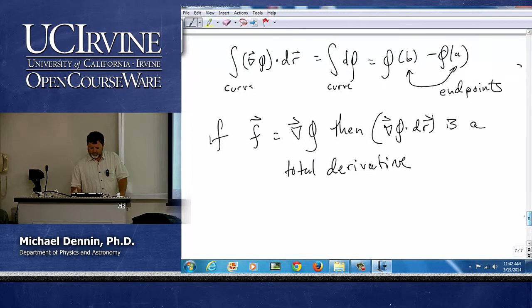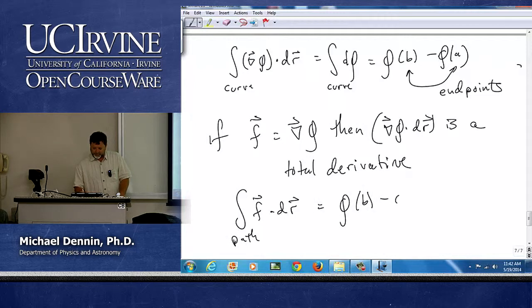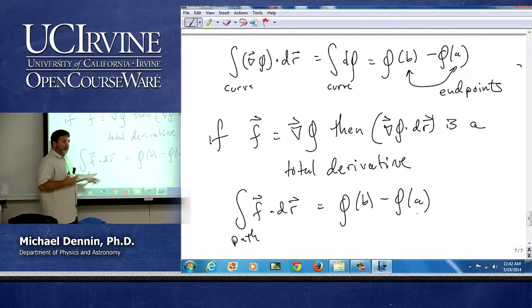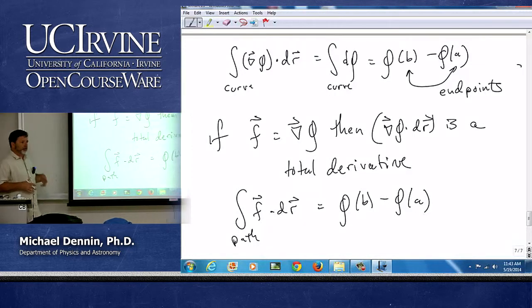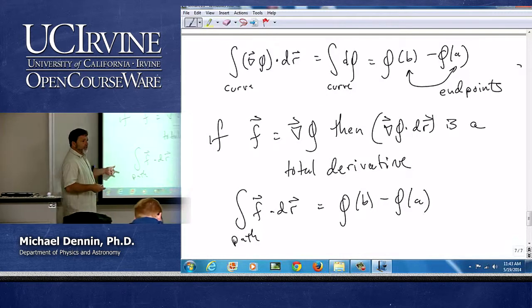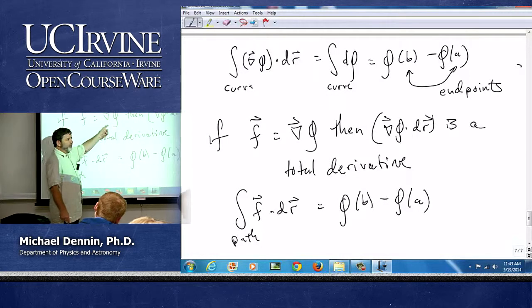And now the integral of f dot dr over any path or curve is equal to phi of b minus phi of a, and is path independent. And so the piece in all of this that's missing in terms of proofs, which we'll do later, is that if the curl is 0, then I can always write f as the gradient of phi.